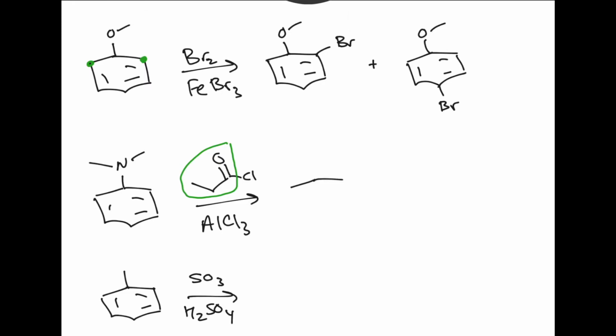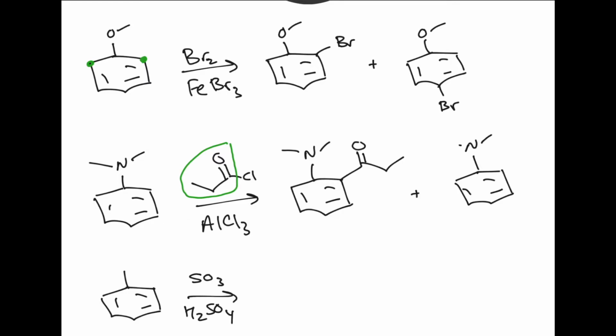So we're going to end up with a ketone in our product. And again, it's going to be ortho or para. So again, these are interchanged, like these are both going to be your products.